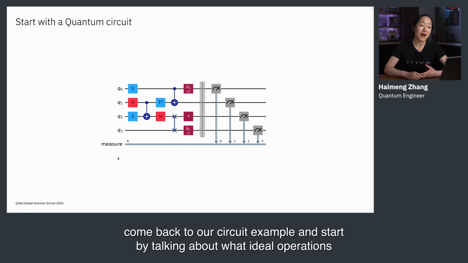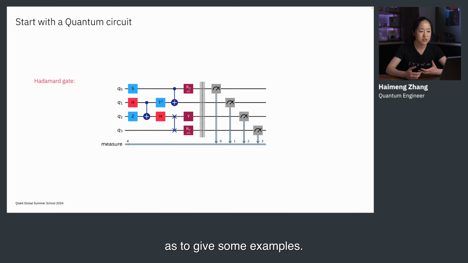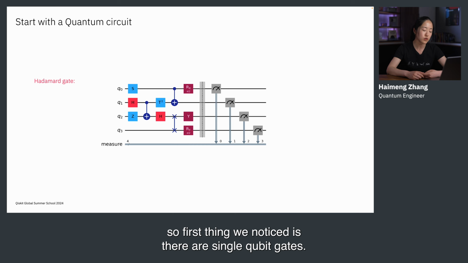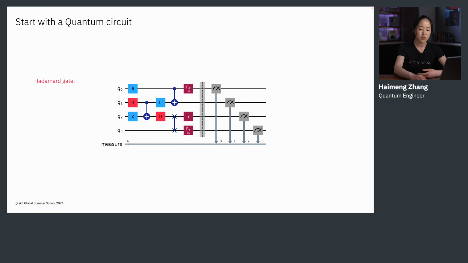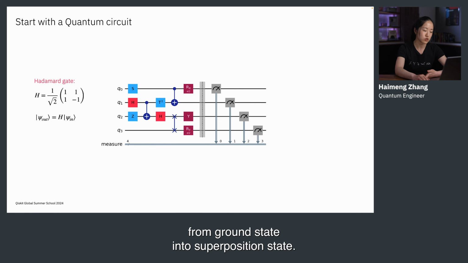So let's come back to our circuit example and start by talking about what ideal operations should look like. To give some examples, first we notice there are single-qubit gates. One example is the Hadamard gate, which puts a qubit from the ground state into a superposition state.